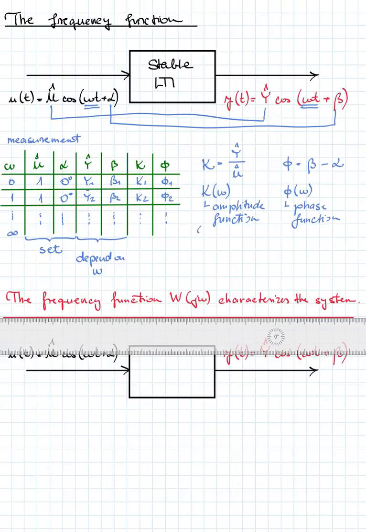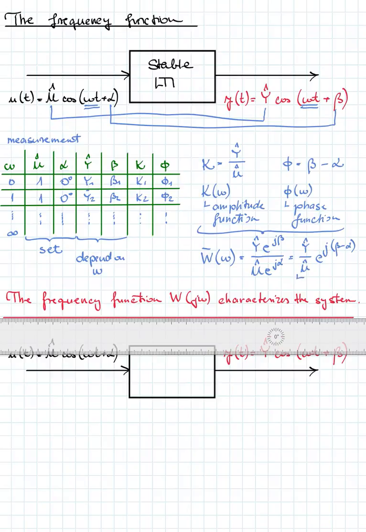And from these notations, we can imagine that if we prepare a so-called frequency function, and this frequency function is a complex function of omega, we can say that the complex amplitude of the output, y hat e to the power of j beta, over u hat e to the power of j alpha, we are going to get y hat over u hat multiplied by e to the power of j (beta minus alpha).